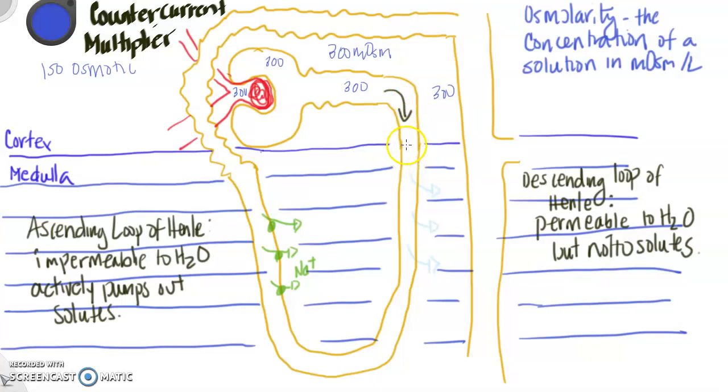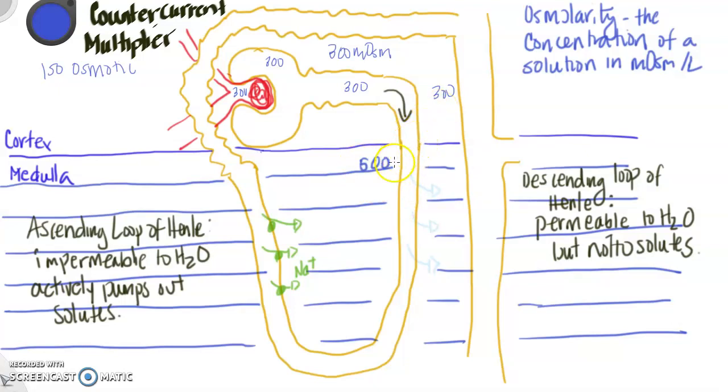If the osmolarity is 300 and it's going into an area where it's higher than that, so 500, then what's going to happen?